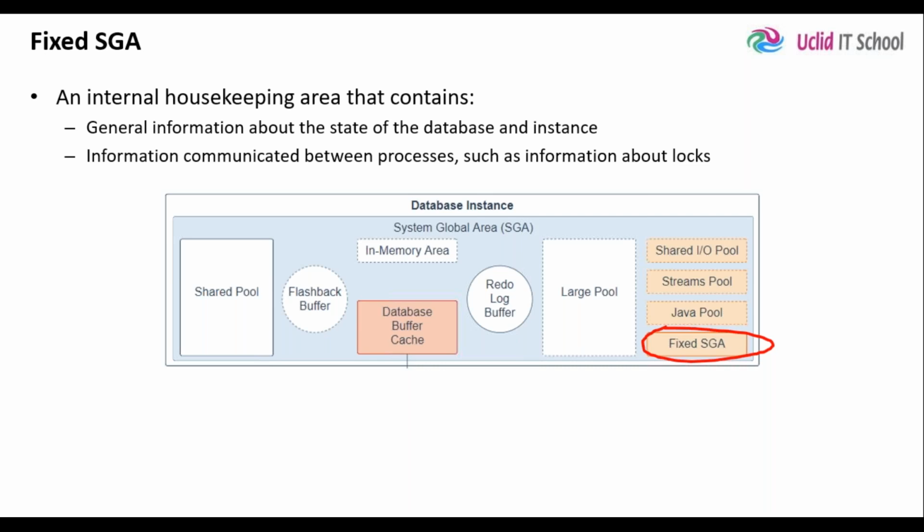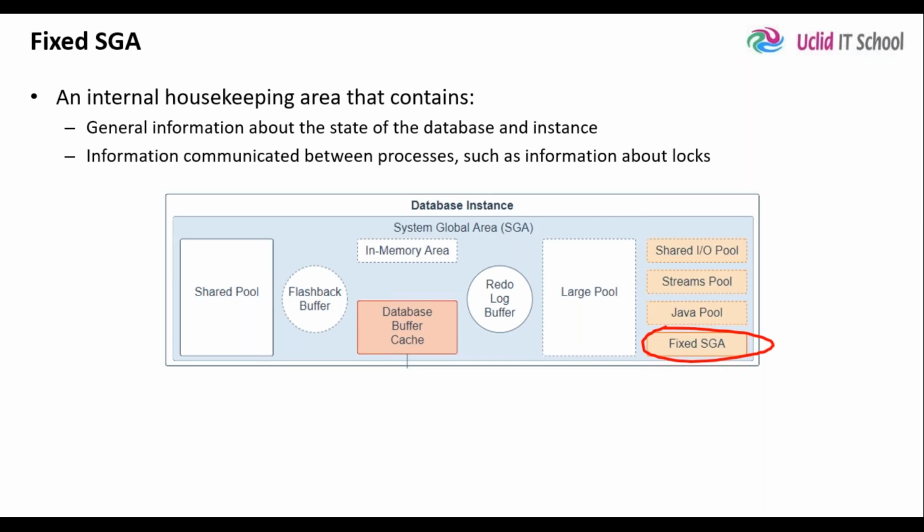Or instead of you specifying individual sizes, you specify the total SGA size and let Oracle decide the sizes for these individual components. So you are automating. You tell Oracle you use a 1 GB SGA, and let Oracle decide how this 1 GB should be distributed among all these components.